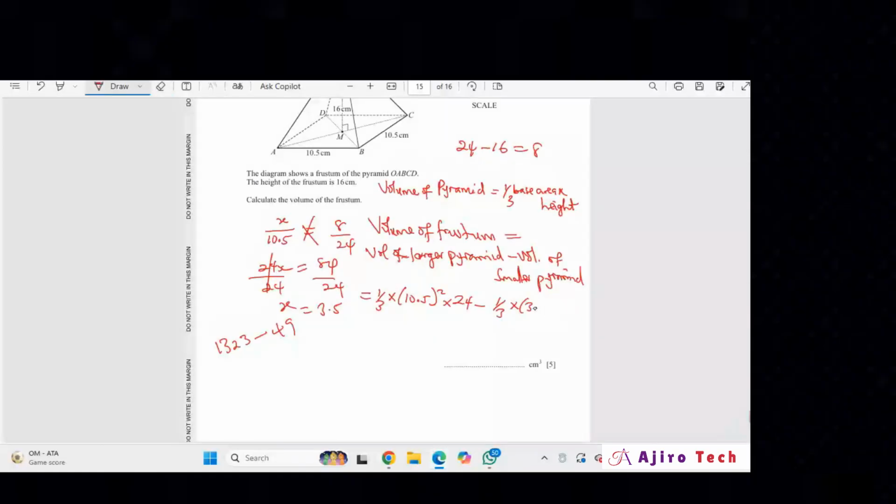So we have 3.5 squared times the height of it, which is 8.